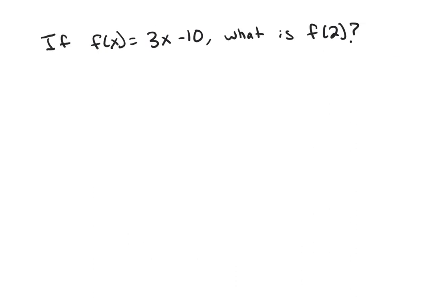Sometimes you may see examples written like this, where it says, if f of x equals 3x minus 10, what is f of 2? All this means is that we're trying to figure out, very similar to y equals 3x minus 10, but we're plugging in x is 2, what is y?